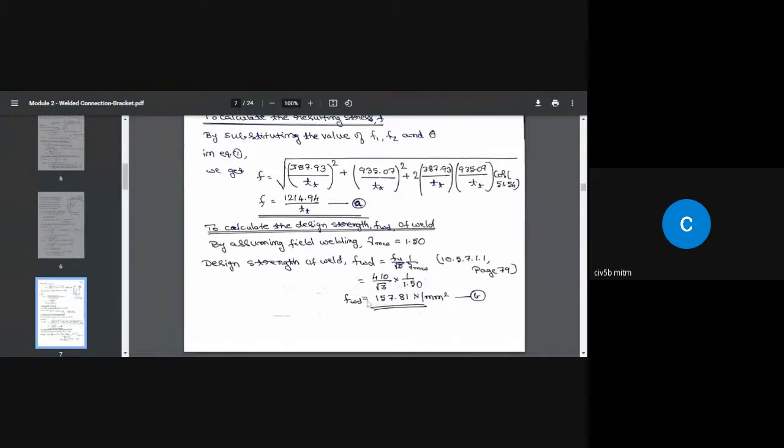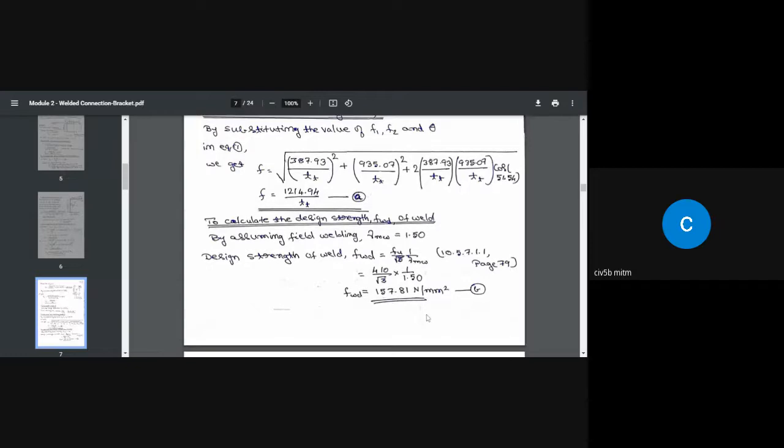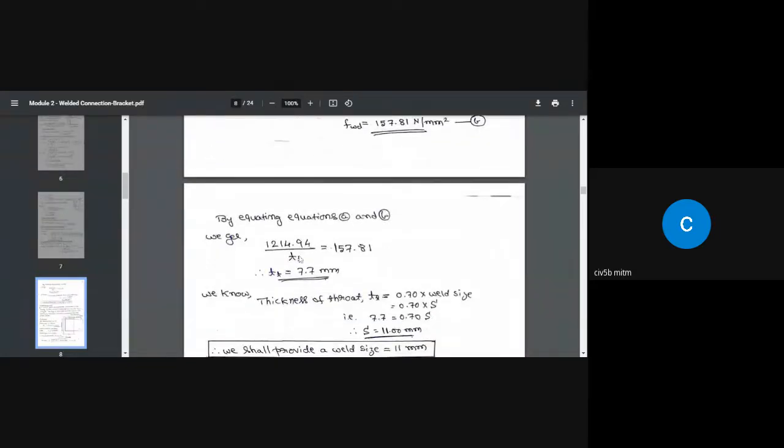So we got the fwd value as 157.81 Newton per millimeter square. So we can equate the maximum shear stress developed in the critical weld to the design strength of the weld. Once you equate these two, the only unknown we have is Tt.